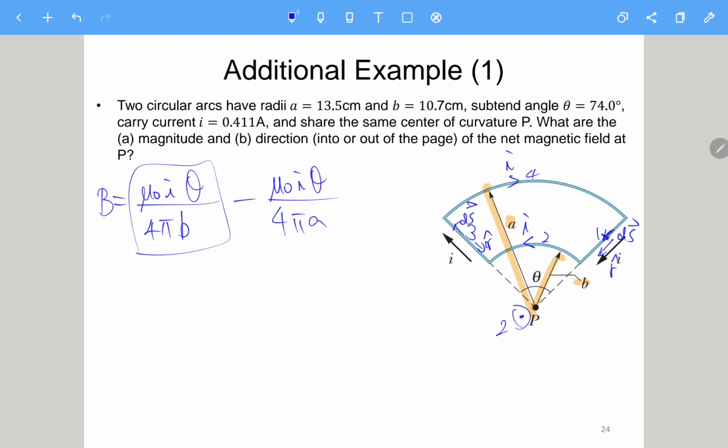And then using the right hand rule for segment 4, your finger follows the direction of current, and then your thumb points into the page. So they are pointing in opposite directions, so one is positive, one is negative. And you can clearly see that B is smaller, which makes this term larger. So this is positive, this is negative, and then we can determine that the total B field at point P will be pointing out of the page. So for part B, it is out of the page.